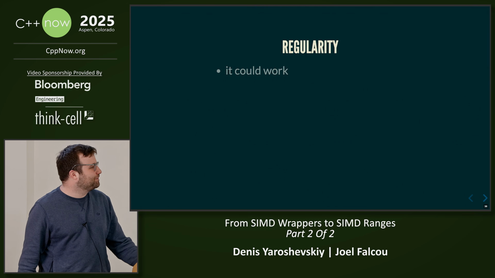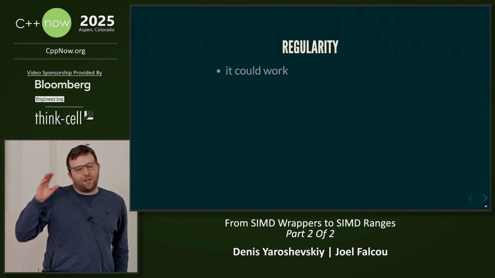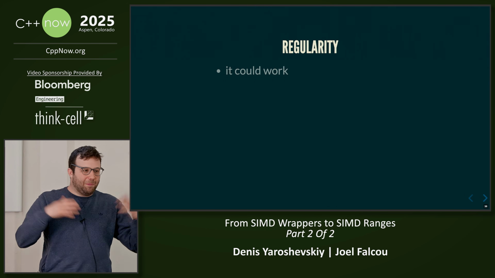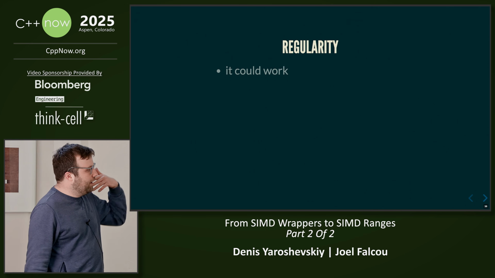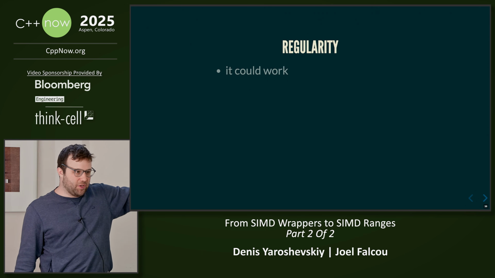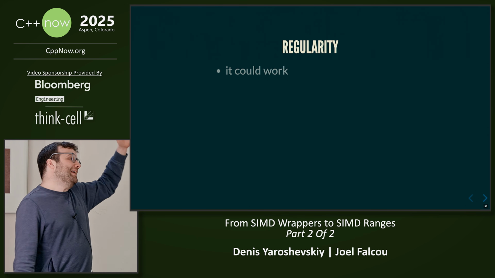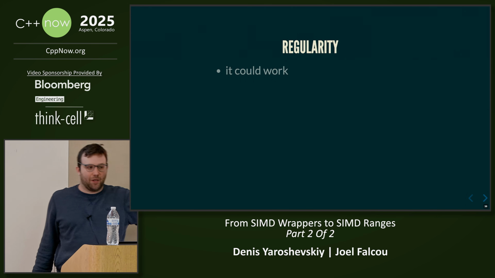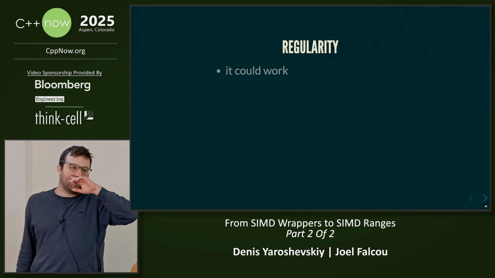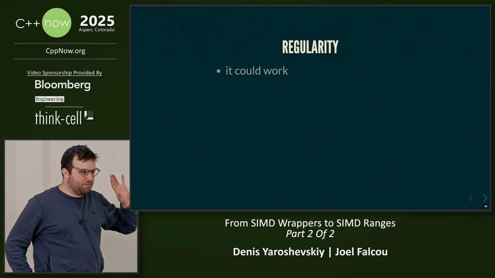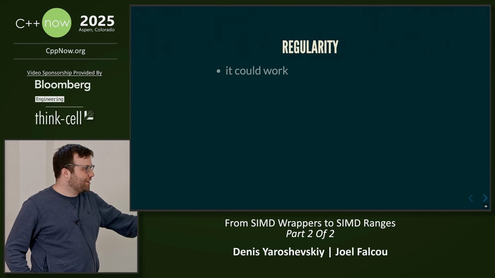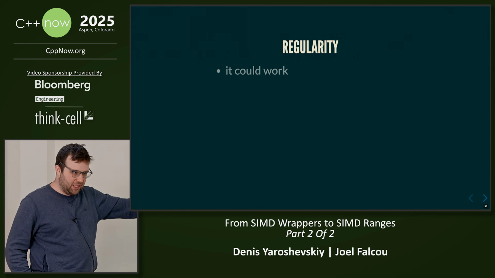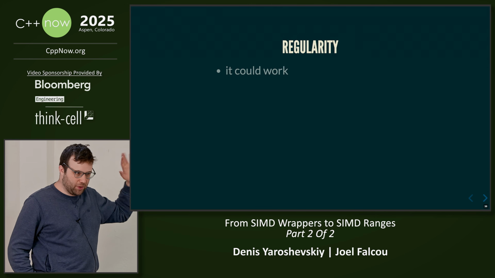Let's first acknowledge that it could work. Can you build a system where operator equals returns you a bool? Yes, it's a bit surprising when you try to use it, but it is possible. When Eve first started, Joel used pairwise equal and had an operator equal return bool.